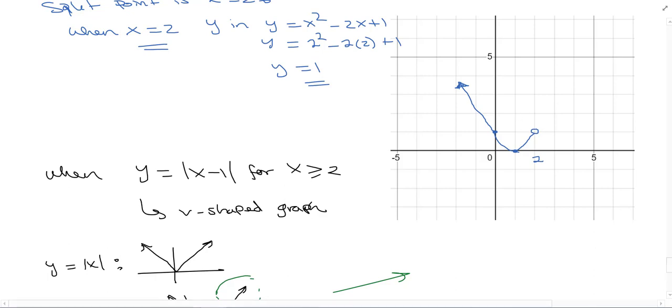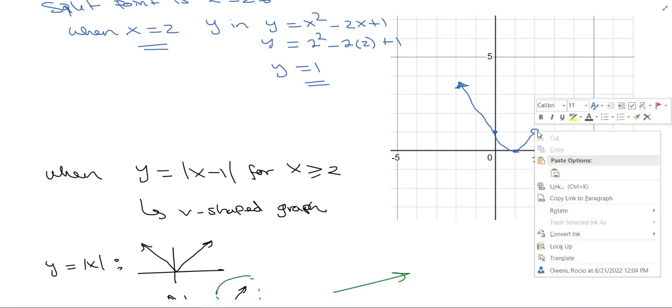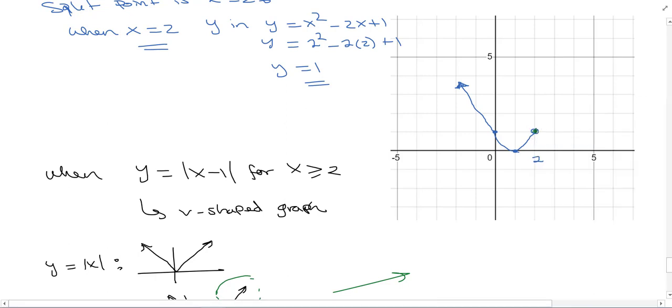Now here, our parabola at 2 we just noticed is equal to 1. So it fills in that point, and then it continues like a line. So that means that at 3 is going to be 2, sorry.